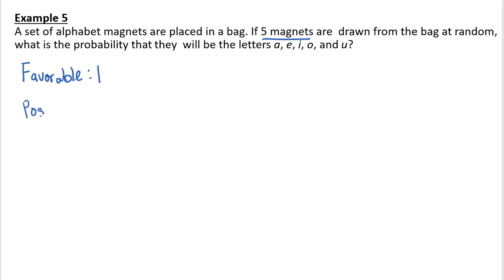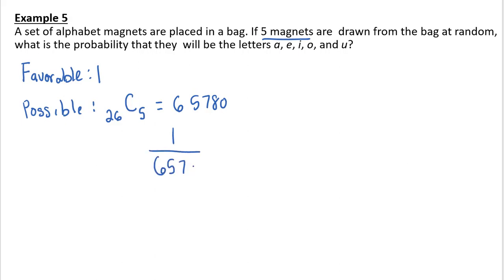My number of possible outcomes, it doesn't matter what order I'm picking them in. There's 26 letters in the alphabet. I'm choosing to pick 5 letters. That's 65,780. Again, remind me in class to show you this in your calculator. So you have 1 over 65,780. Okay? So that is my probability.